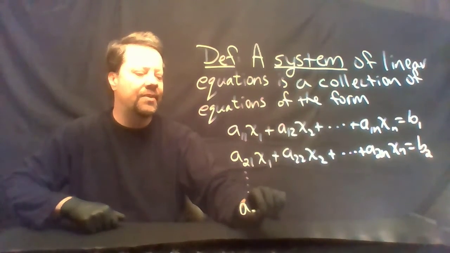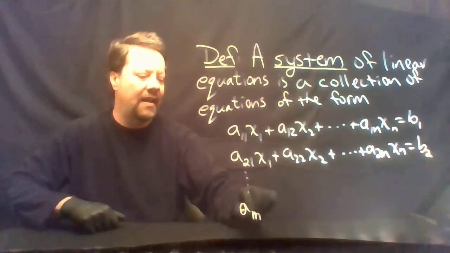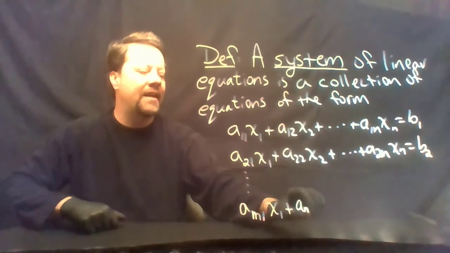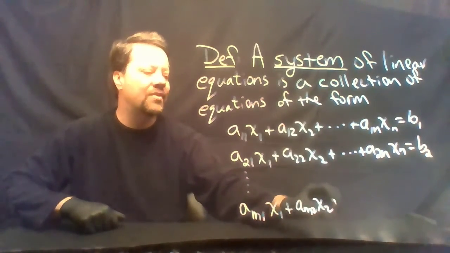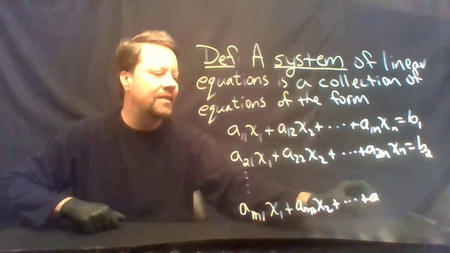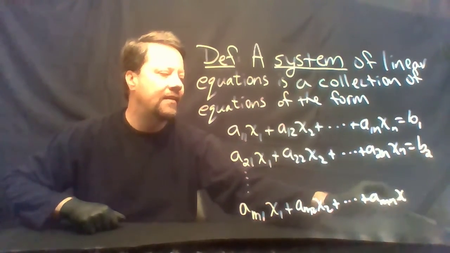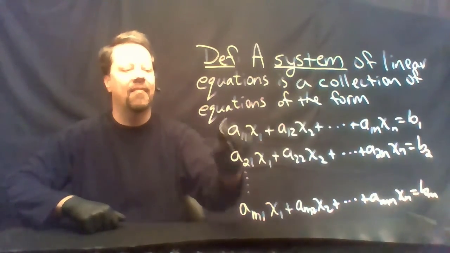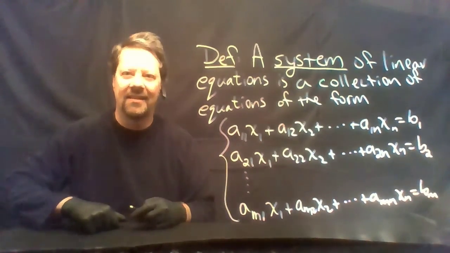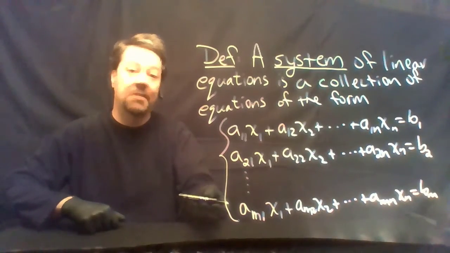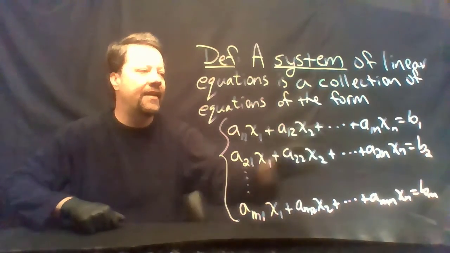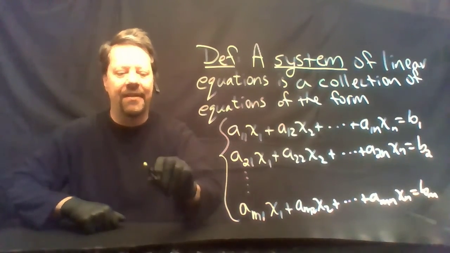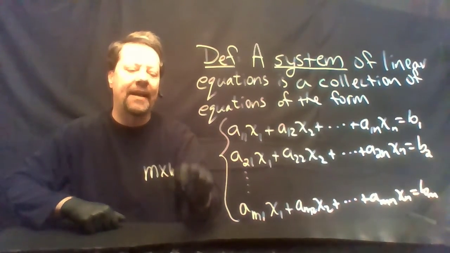So we'll go to some number m, am1 x1 plus am2 x2 plus amn xn equals bm. So we'll have perhaps m equations in n unknowns. We call this an m by n system.